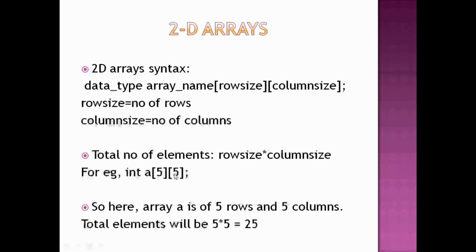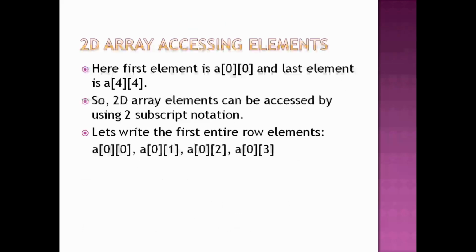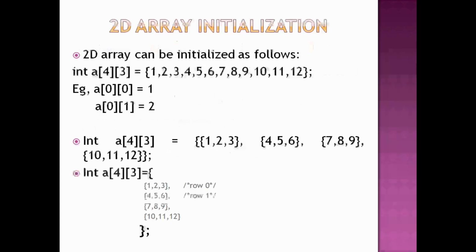So your index number will always start with 0 and move up to n minus 1. That's why the first element is a[0][0] and the last element is a[4][4]. So remember, you can always access an element by writing two subscript notation.